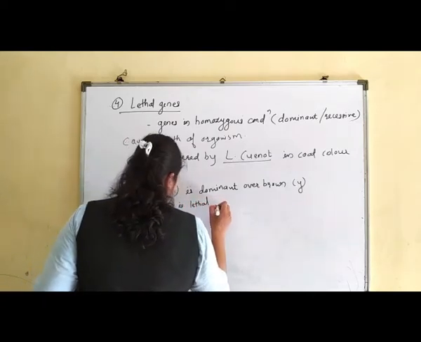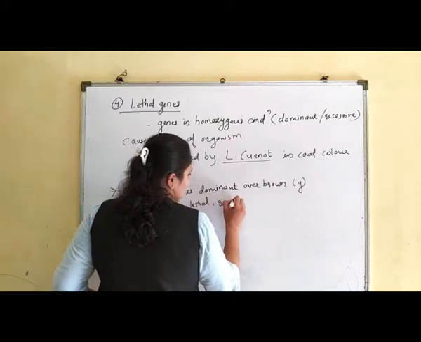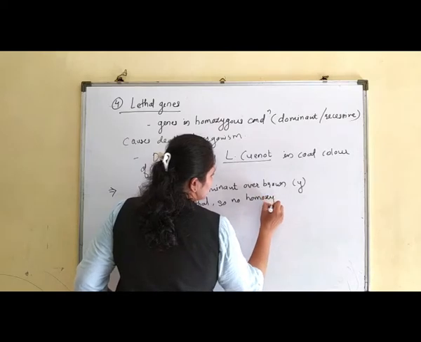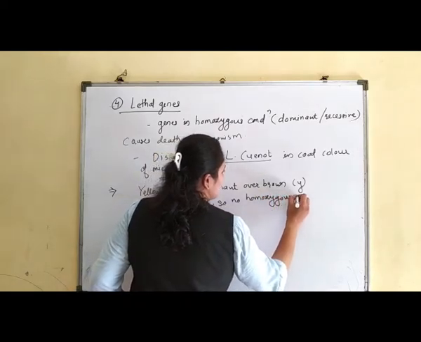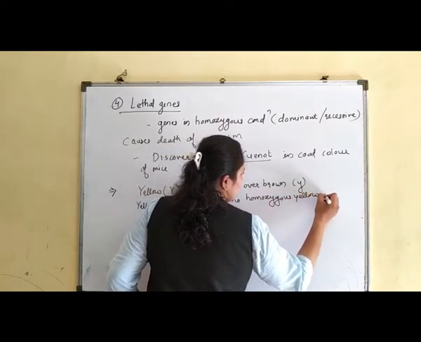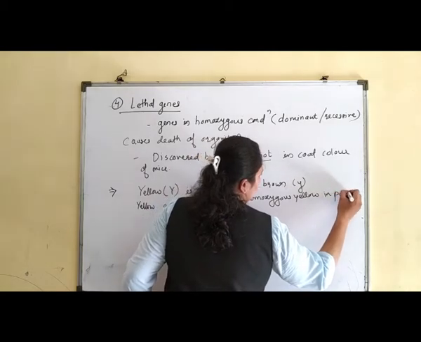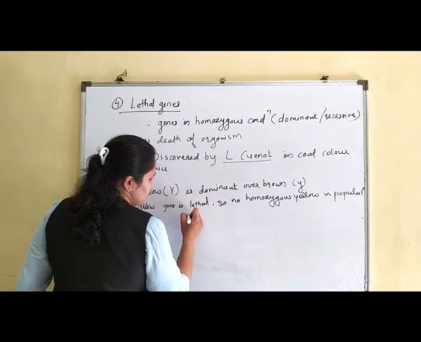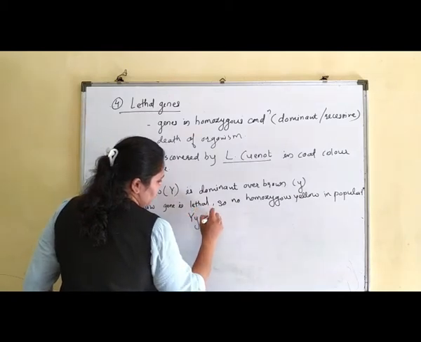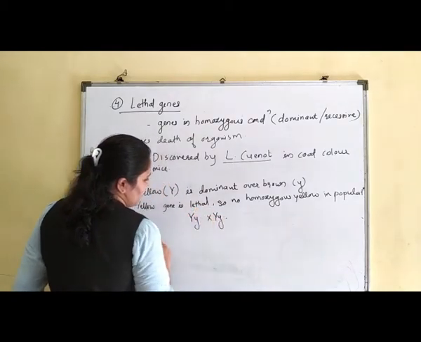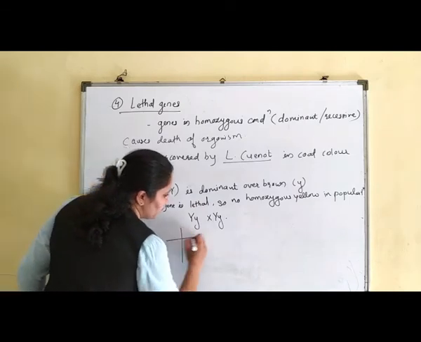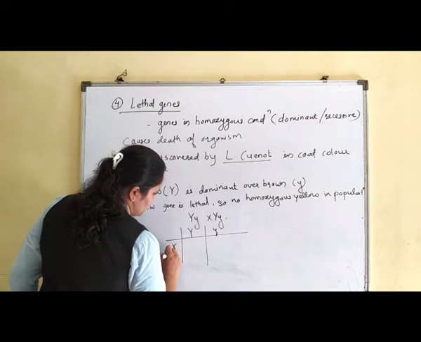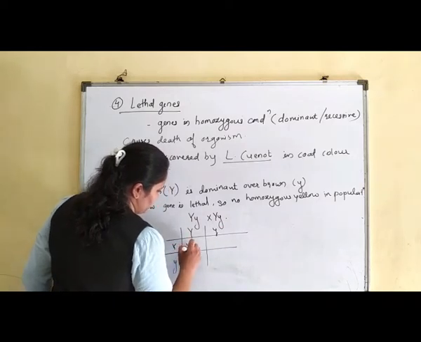If we make a cross between heterozygous capital Y, small y, crossed with capital Y, small y, and go for a Punnett square, capital Y, small y, capital Y, small y.